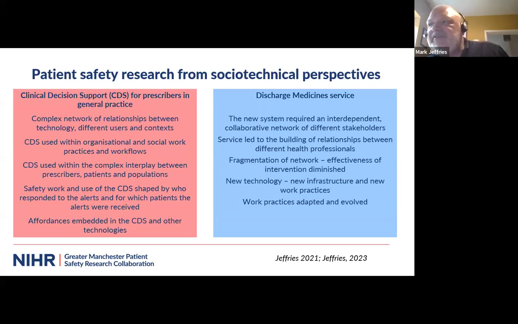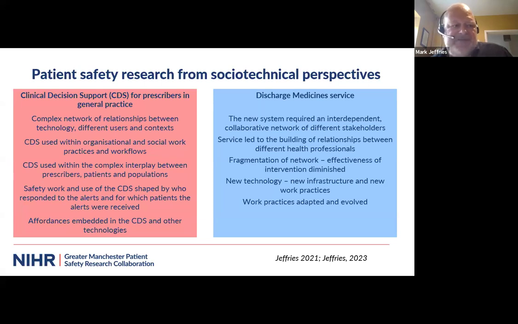And then the other study that we did a few years back was on the discharge medicine service, I think now sometimes known as TCAM, transfer of care around medicines. Originally this was called e-referral, where a discharge notification doesn't just go to the GP, it also goes to the community pharmacy.